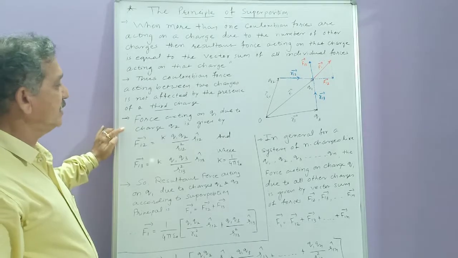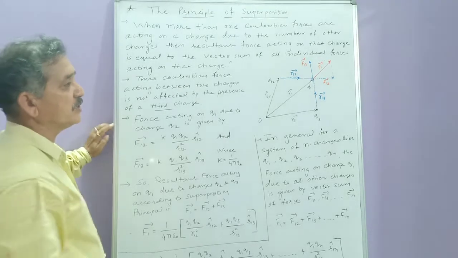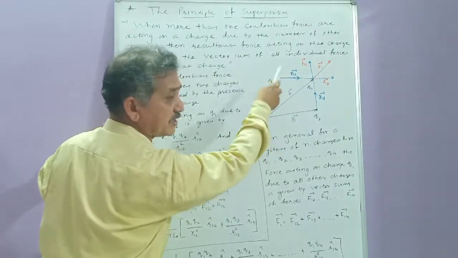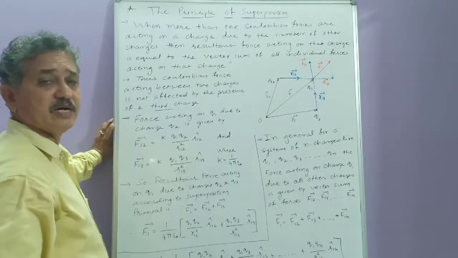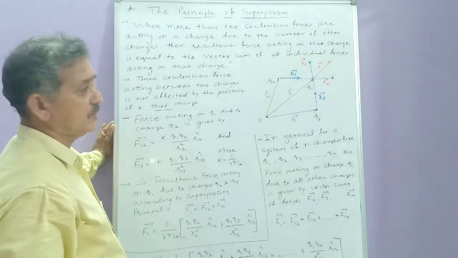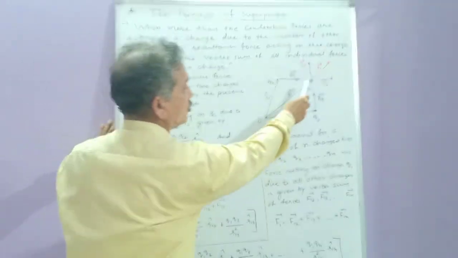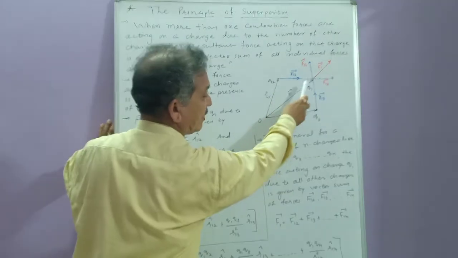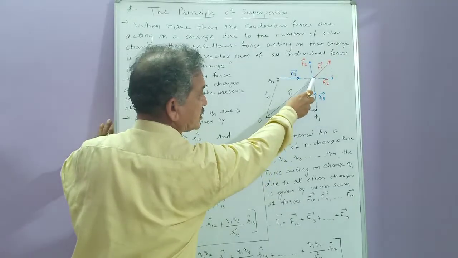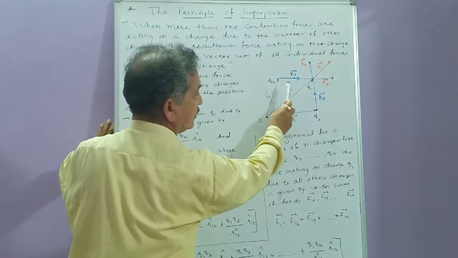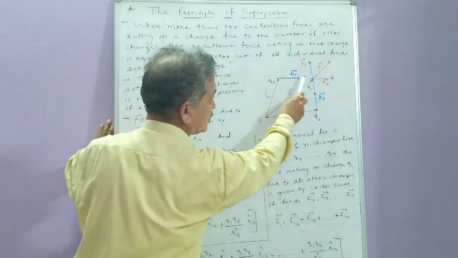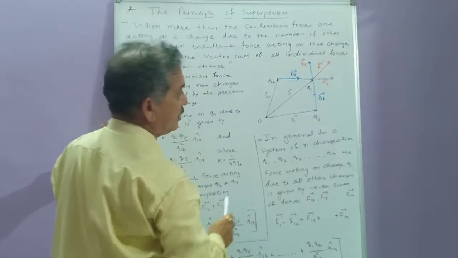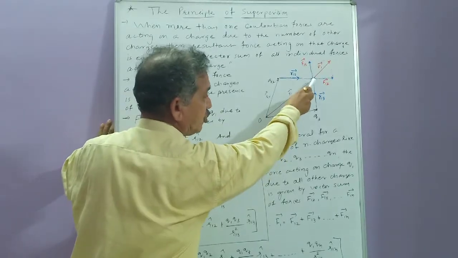So here you can see that the force acting on the charge Q1 due to Q2, all these three charges are positive charges, so naturally it is a repulsive force. So you join the charges Q1 and Q2. This line, we remember, is giving the position vector of charge Q1 with respect to Q2. So it is directed by the vector R12 and the force acting on Q1 by Q2.